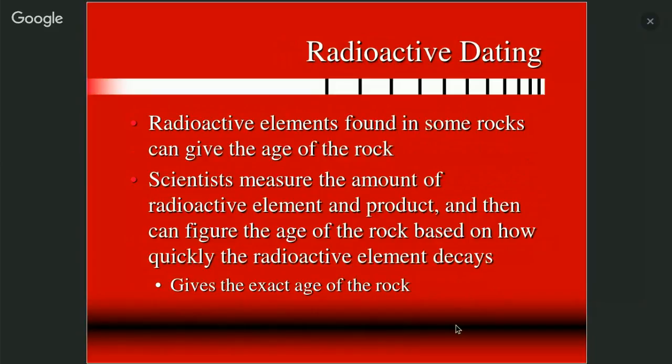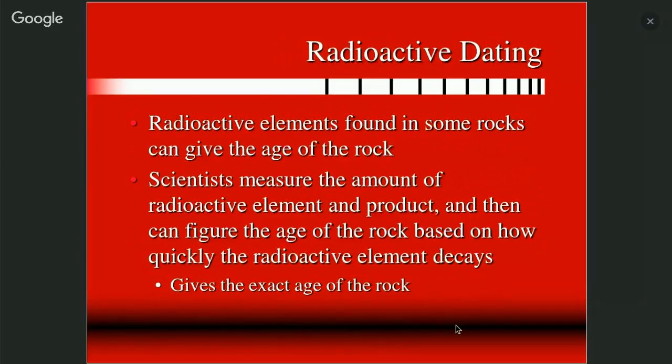They might break apart into lead or something. So they might break down from uranium into lead, where that byproduct is no longer as harmful as the radioactive part. And they know how long it takes for those radioactive elements to break down. And we're talking thousands and thousands of years to break down radioactive elements.